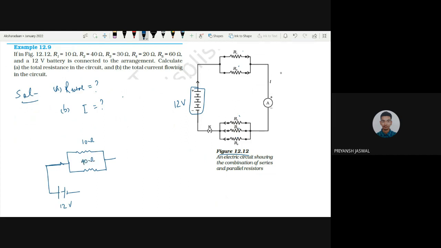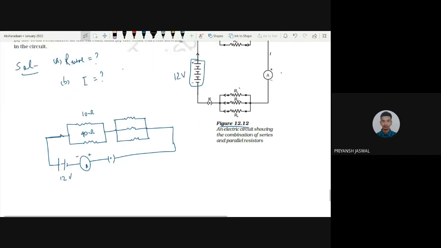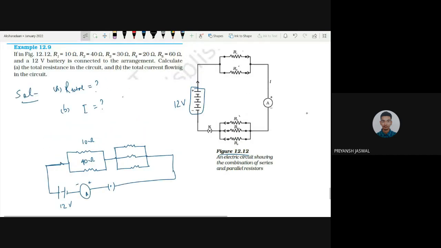Then there is an ammeter. We can place the ammeter near the battery also, so we don't have to put it there. We can shift the components to make it easy to understand. Then there is another parallel combination of three resistances this time, something like this. R3 is 30, R4 is 20, and R5 is 60.